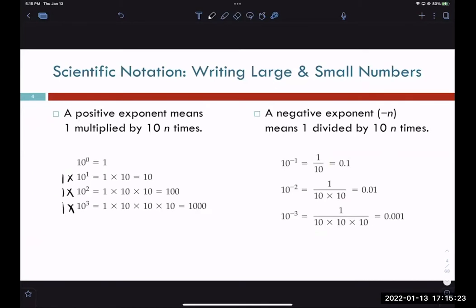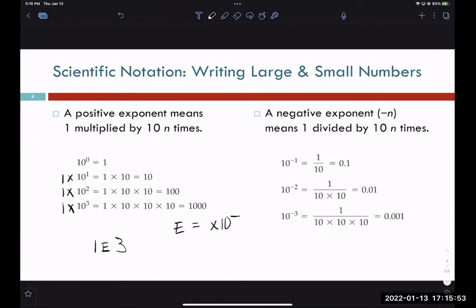And if you're not familiar with calculators, calculators will abbreviate this with an E. So for example, 1 times 10 to the 3 will be 1E3. Sometimes it's a capital E, sometimes it's a lowercase e. What that E means is times 10 raised to whatever number comes after it.